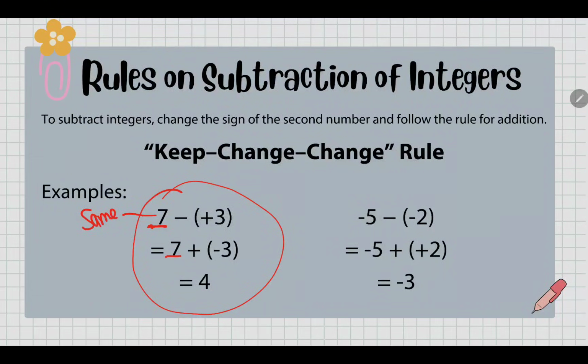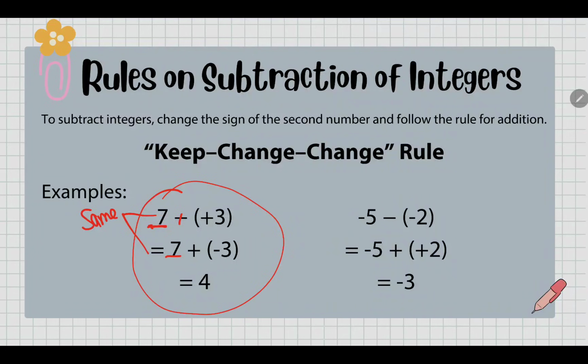When it comes to following the rule, you have to change the subtraction sign to a positive sign, so that means making it positive, right?